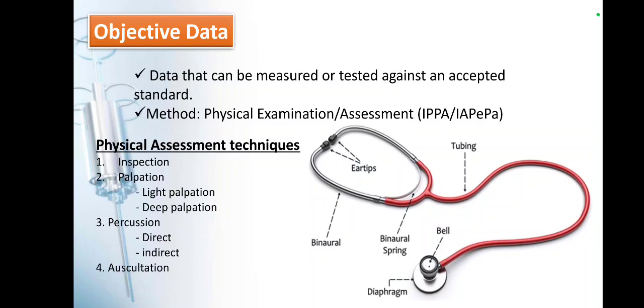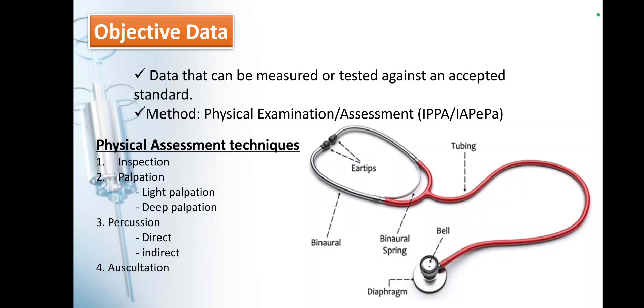For example, we have different lung sounds, abnormal and normal. Abnormal may include crackles. For normal lung sounds, we have bronchovesicular and vesicular sounds. We have to differentiate those sounds in order to identify if the patient has abnormal or normal findings.